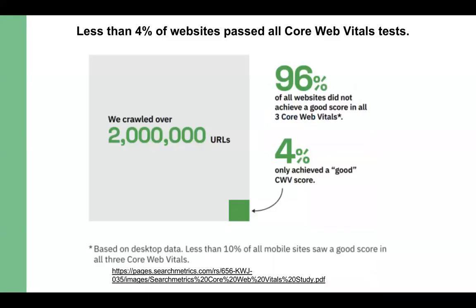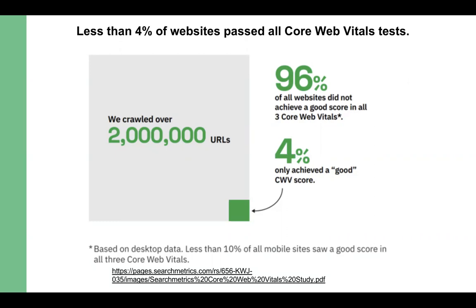Another thing that is important to note is Searchmetrics ran some data on the US and UK websites, I believe. So they looked at some of the top websites online. And as you can see, they scraped 2 million URLs from some of the top websites online, and 96% of these websites are not ready yet.